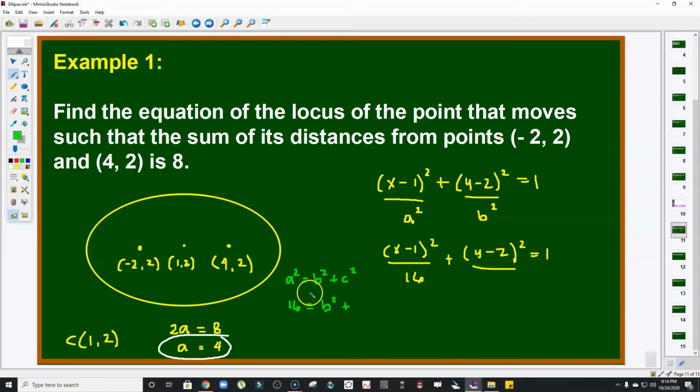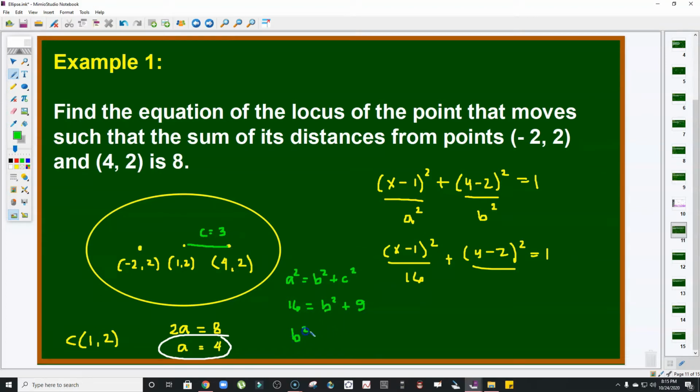How are we going to do this? Our c is the distance from the center to one focus, and that's clearly 3. From (1, 2) to (4, 2) is 3 units. So c is 3, which gives us c squared equals 9.